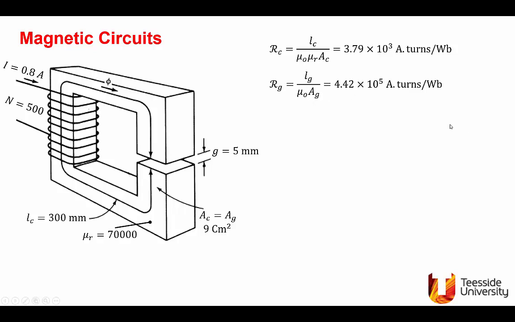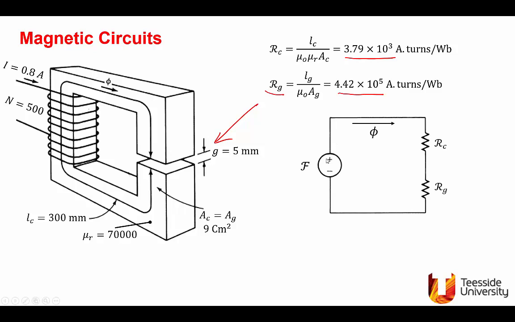Straight away you can notice that the reluctance, the magnetic resistance to the flow of flux, due to the 5 millimeter air gap is much greater than the reluctance, the resistance to the flow of flux in the iron path. Well, let's look at the magnetic circuit equivalent.